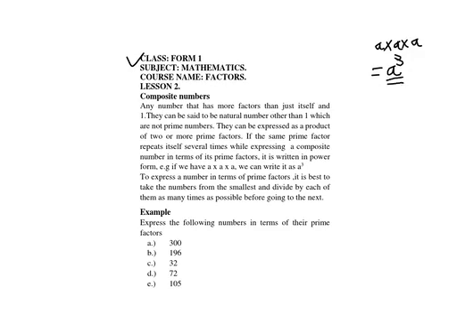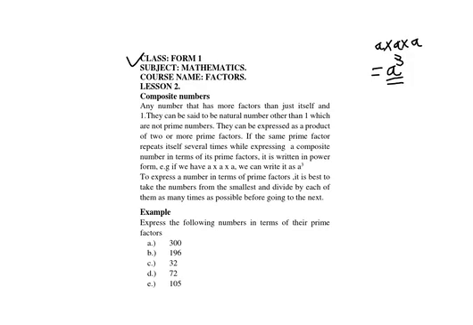To express a number in terms of prime factors, it is best to take the prime numbers from the smallest and divide by each of them as many times as possible before going to the next prime number.